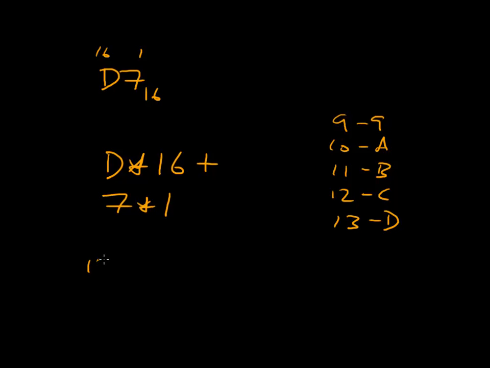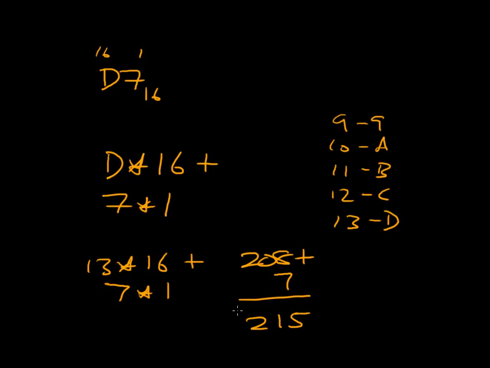So it's 13 times 16 plus 7 times 1. 13 times 16 is 208. And we're adding to that 7 times 1, which is 7. So that's 215. And that is the answer, that is the denary answer to what D7 is.